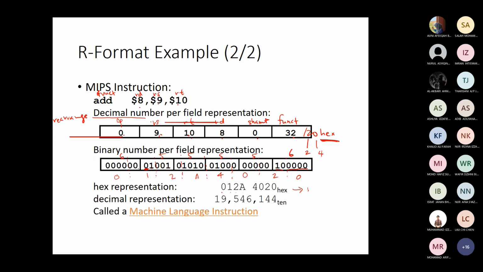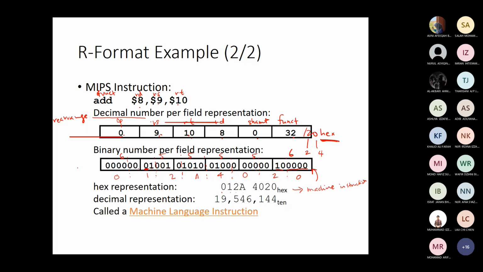So this is your machine instruction. If we expand it, it will become like this. But if we simplify it, it will become a hex machine instruction. In decimal representation, you can use a calculator to convert this machine instruction from hexadecimal to decimal.